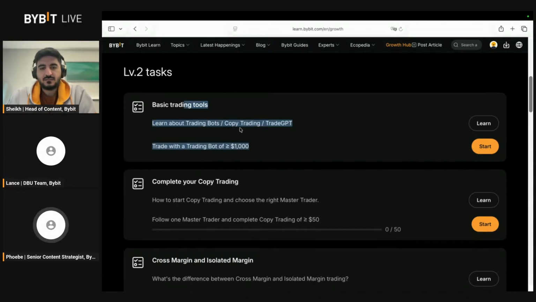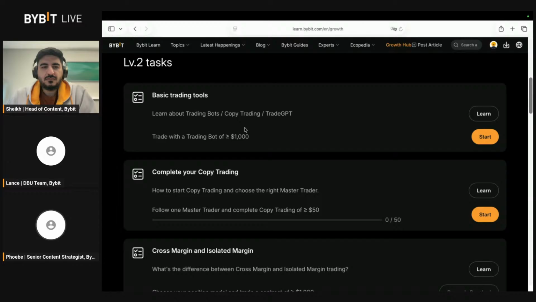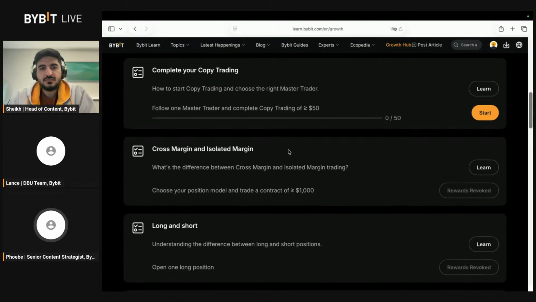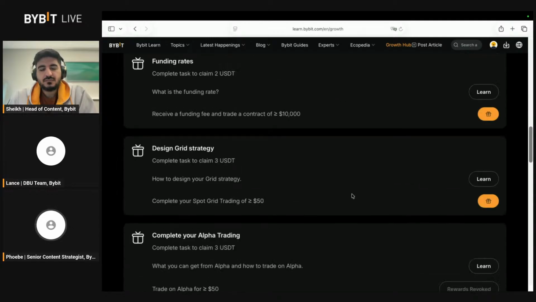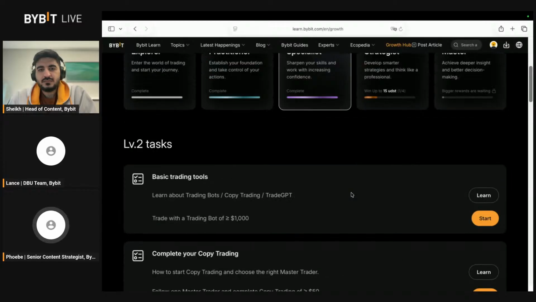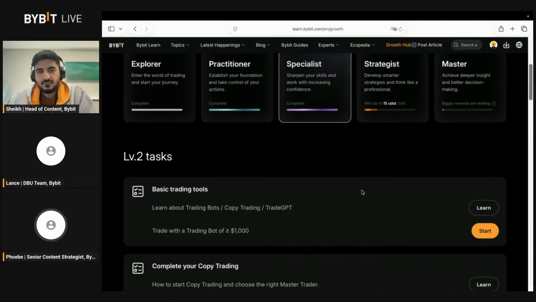There are some basic trading tools you can try, like DCA, grid, copy trading, and also maker taker orders, margin models, and funding rates. Later you can explore more on this page. For this level, we want you to experience more products on Bybit, and more deeply. And the rewards also reflect what you have put in.